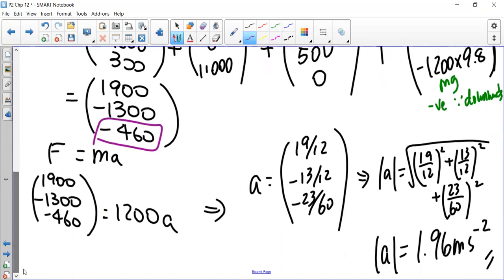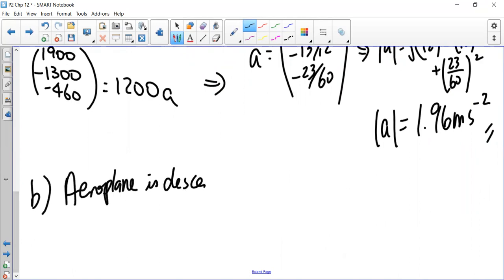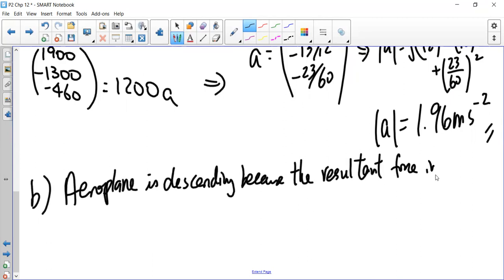Okay, so part B. The aeroplane is descending because the resultant force in the k direction is negative.